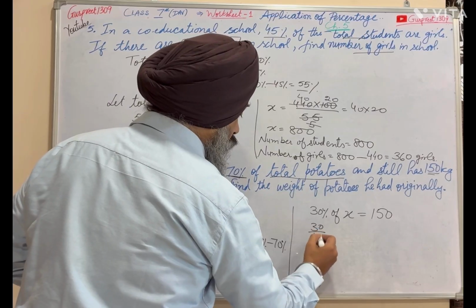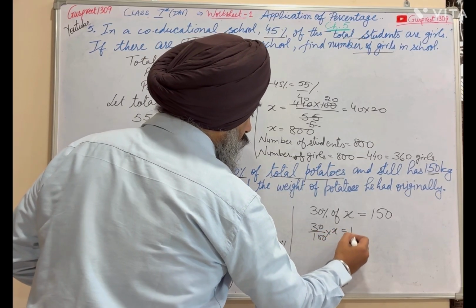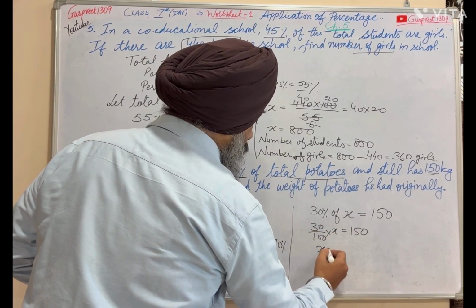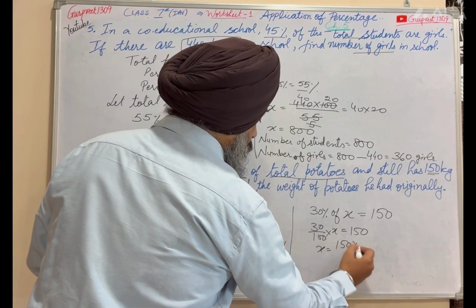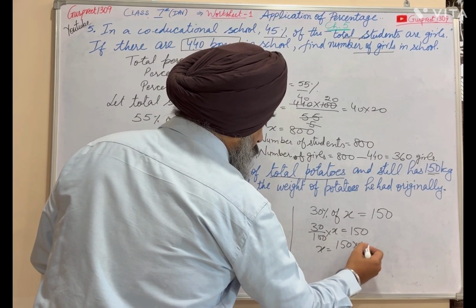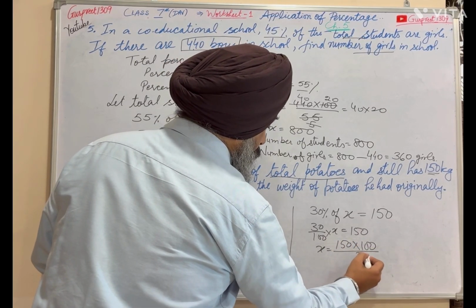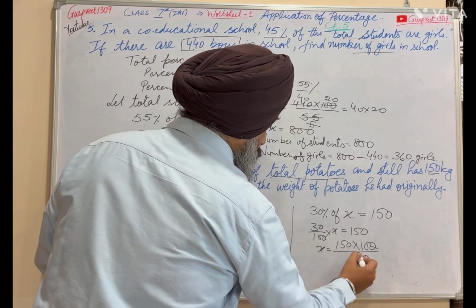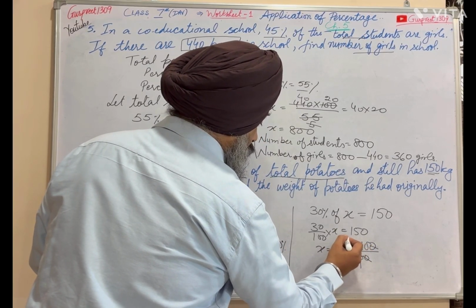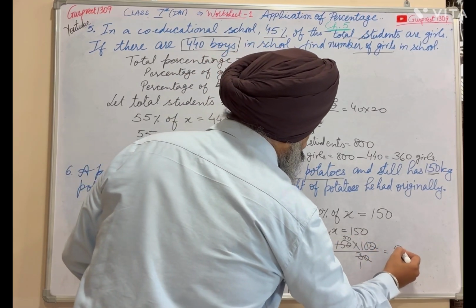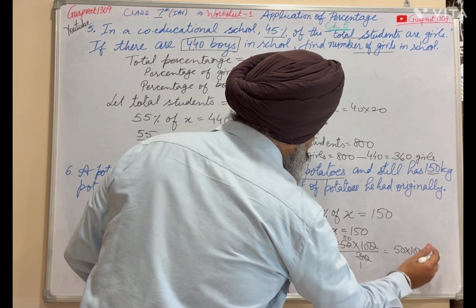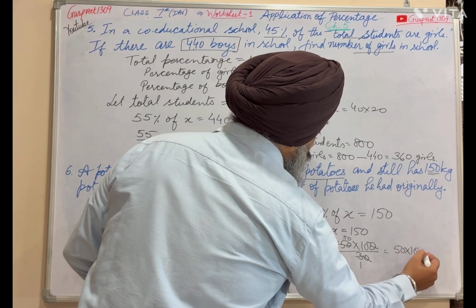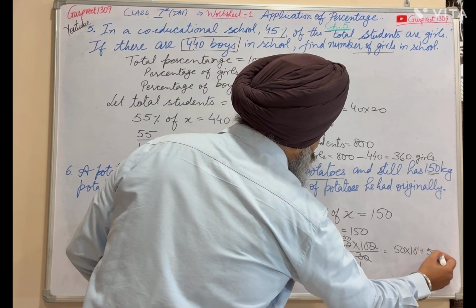Again we will do the calculation of percentage. So here we get 15 times 10, that gives us 500.